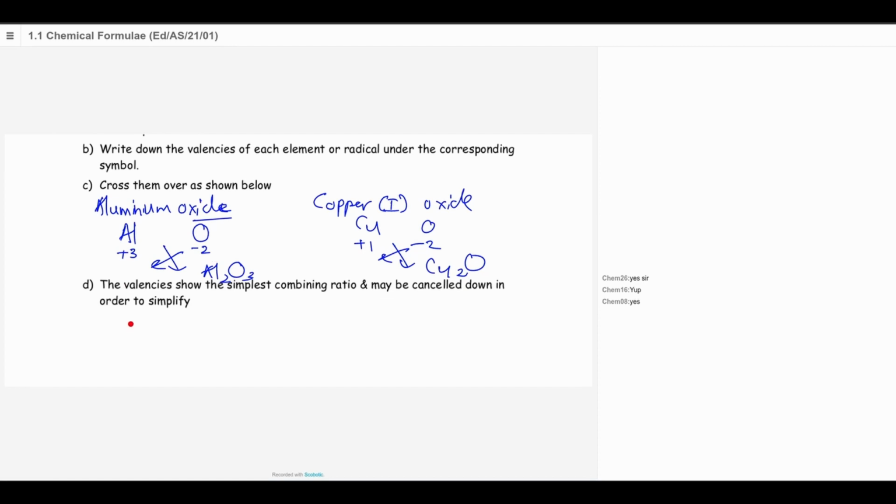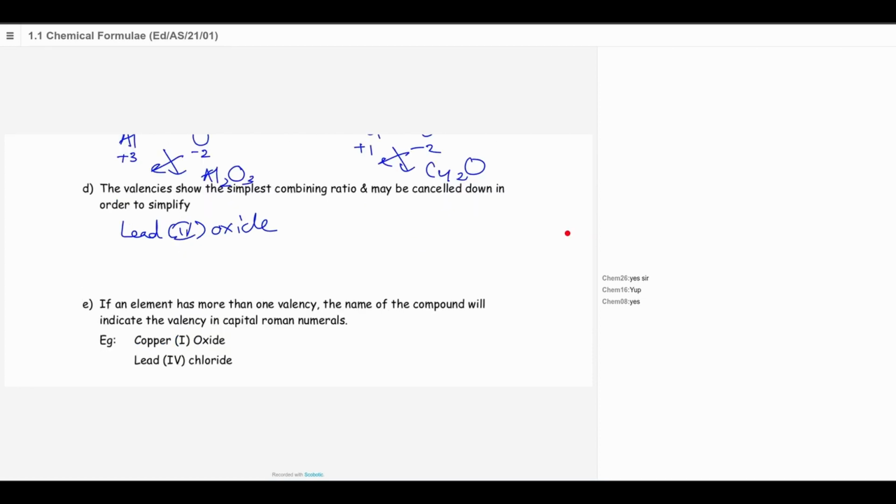Sometimes you get situations like this. For example, lead(IV) oxide, because lead is also a multivalency element, right? So you have lead, Pb +4, oxygen -2. You cross the valencies, you get Pb2O4, which you can simplify as PbO2.